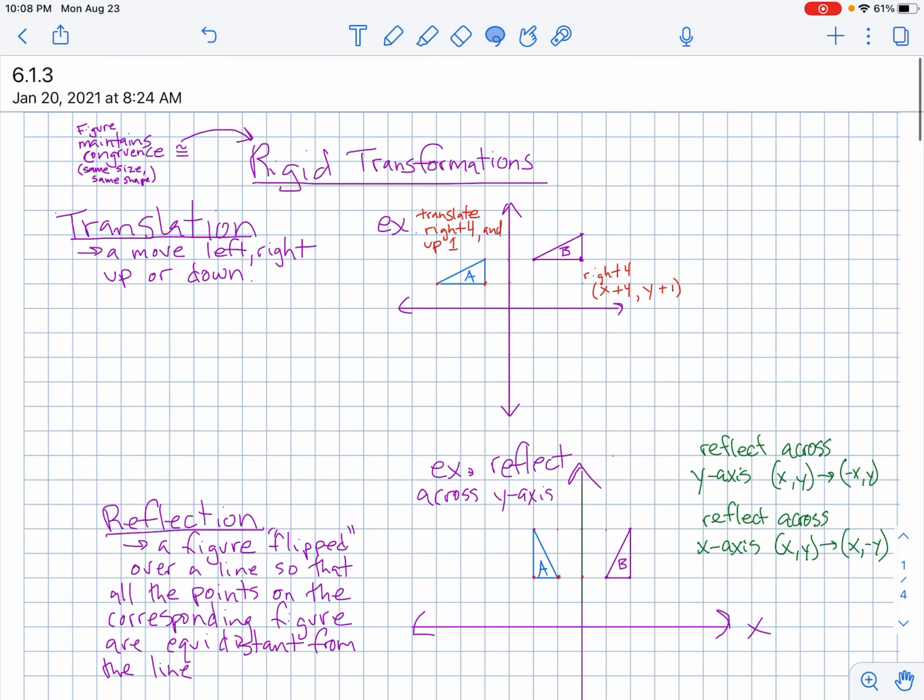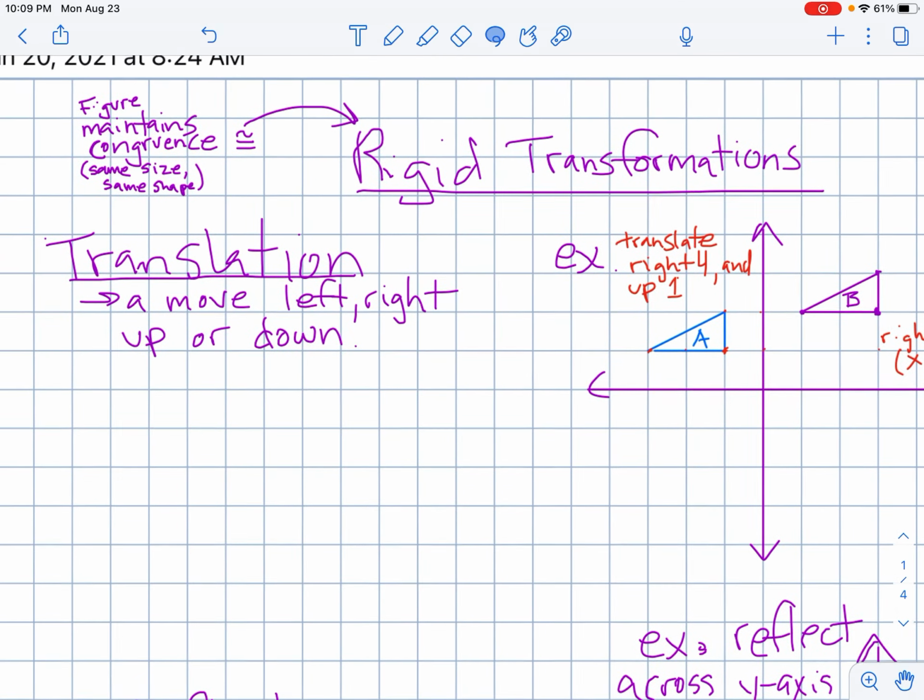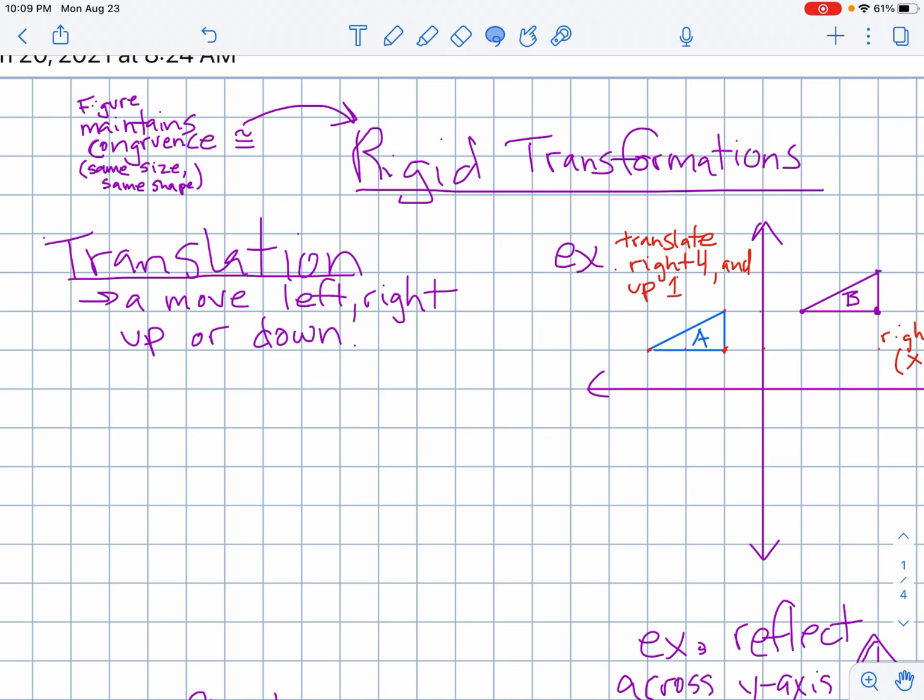A translation is a move left, right, up, or down of a geometric figure on the coordinate plane. Again, I'm reiterating that rigid transformations maintain congruence, which I had just mentioned. That means they have the same size and same shape.